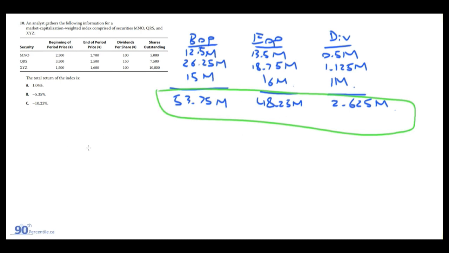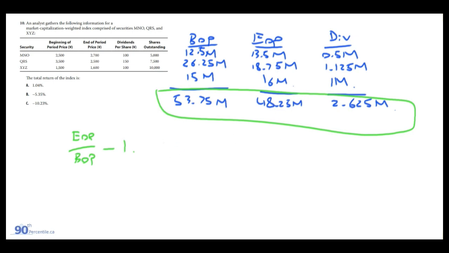So we have basically EOP divided by BOP minus 1, right? But in this case, the EOP value is going to be this plus the dividends.